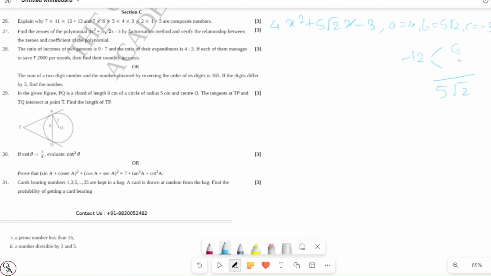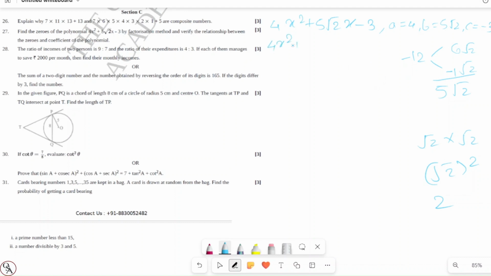See, 6 ones are 6, and root 2 into root 2 is root 2 square; the square and square root cancel, so we get 2. So 6 twos are 12, and 6 minus 1 is 5 root 2.